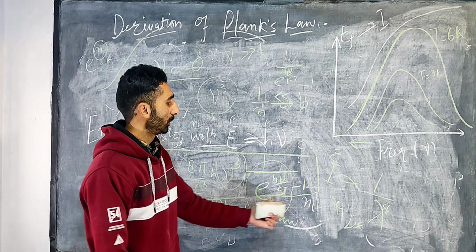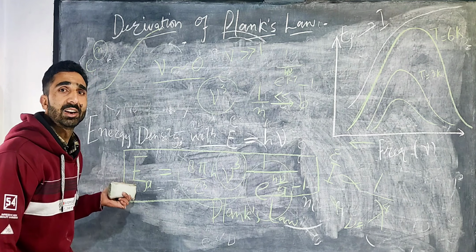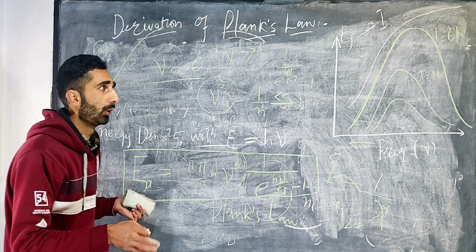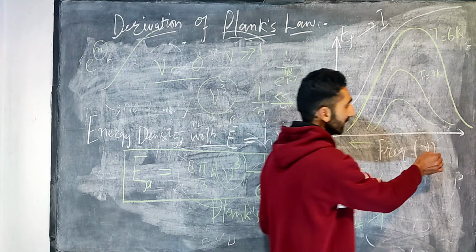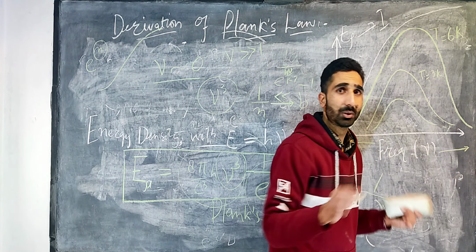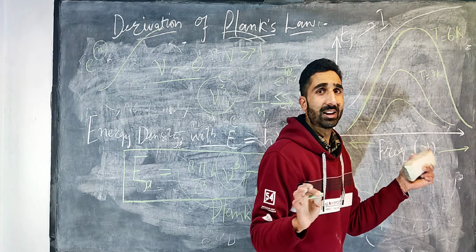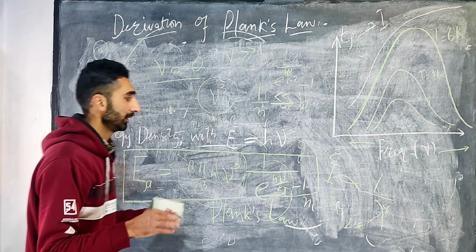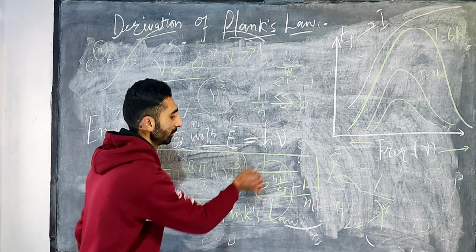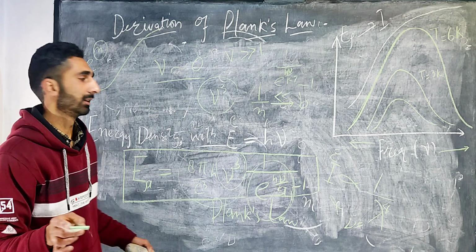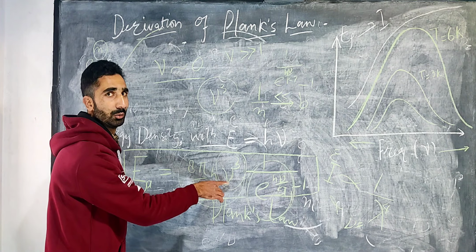So in that case, again, the energy density will be lower. That means if the frequency is again increased to some larger values, then the energy density will again be lowered, because in that case, this exponential term will dominate, not this nu cube.